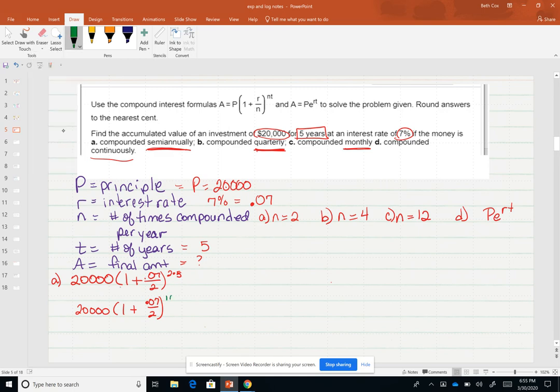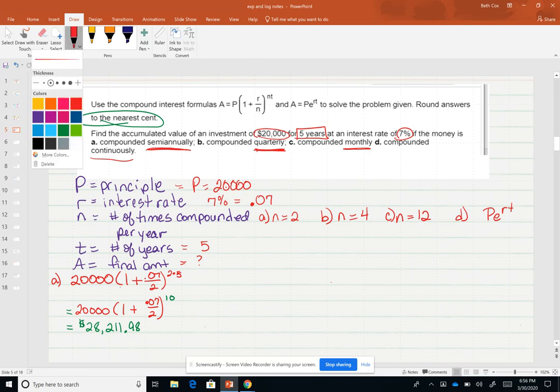I'm going to go ahead and change that to 10. And that is what I'm going to type into my calculator. Hopefully I've got one that does order of operations. If I type it in correctly, you should get $28,211.98. Now, it specifically says round to the nearest cent, so make sure that yours matches mine. Check your calculator, stop the video, and see if you can't get it to work.